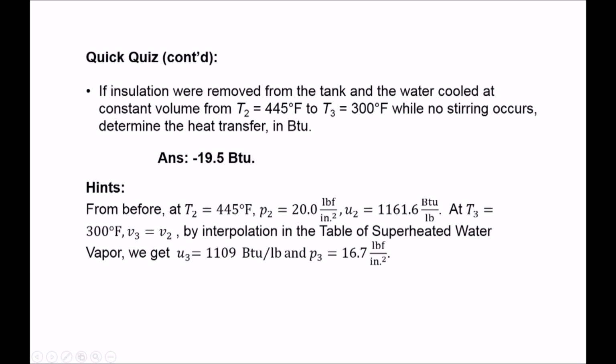At T sub 3 equals 300 degrees Fahrenheit with v sub 3 equal to v sub 2, by interpolation in the table of superheated water vapor, we get small u sub 3 equals 1,109 BTU per pound, also corresponding to a pressure of 16.7 pounds force per square inch.